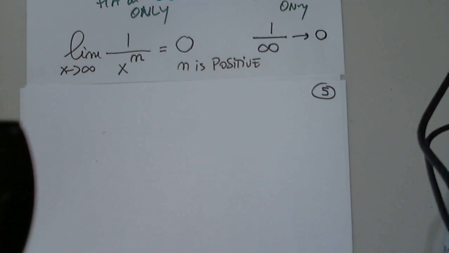Okay. So first of all, can anyone give us the limit as x approaches negative infinity? What does this function approach as x approaches negative infinity? We get 2.